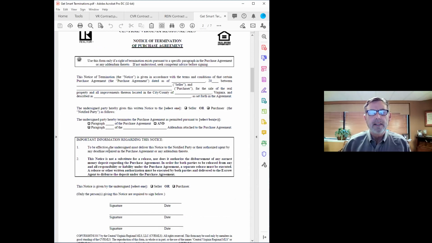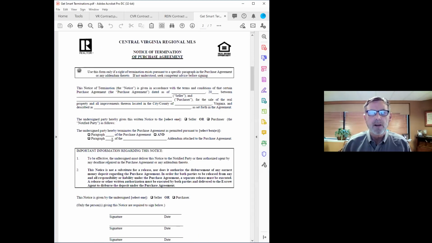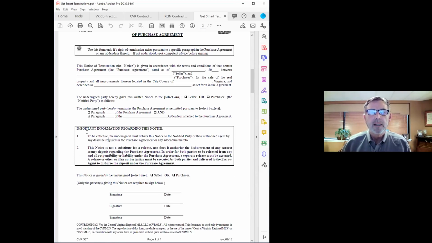And so, I thought the CVR form was kind of interesting. So there's a couple of notices. And the first notice is reminding the agents really that to be effective, it's got to be delivered to the notified party. You see this language, authorized agent.